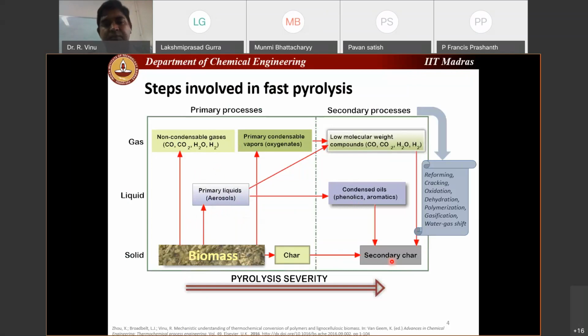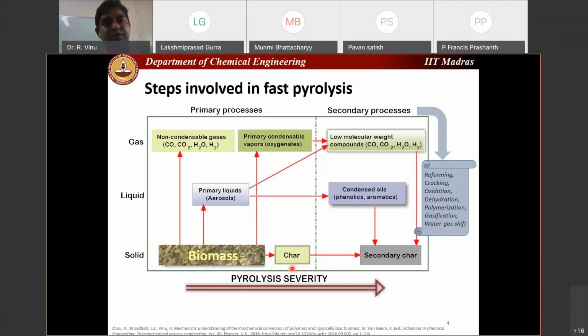What is very important is that pyrolysis is a process that involves all three phases: solid, liquid, and gaseous. Based on the pyrolysis severity, by which I mean that you apply a very high temperature, or you allow the material to stay for a long enough time at a high temperature, it's an interplay between temperature and residence time, and that can result in a change in the product distribution that you get.